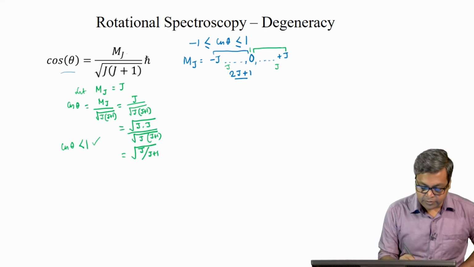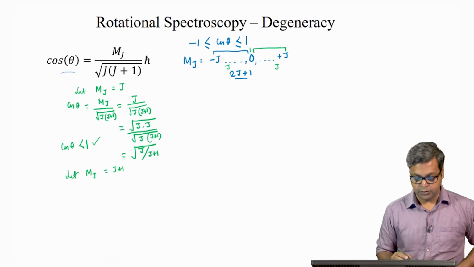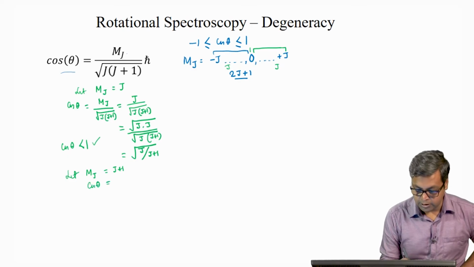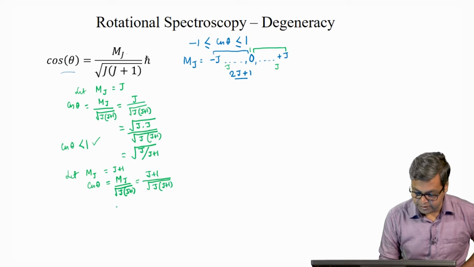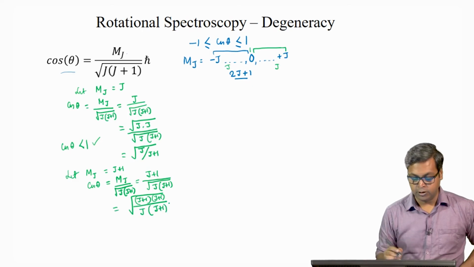Now, let us increase the value of m_j by 1 unit. So, let m_j equal j plus 1. So, cos theta becomes m_j by root over j times (j plus 1), that is (j plus 1) divided by root over j times (j plus 1). So, we can write this as root over (j plus 1) times (j plus 1) in the numerator and j times (j plus 1) in the denominator.